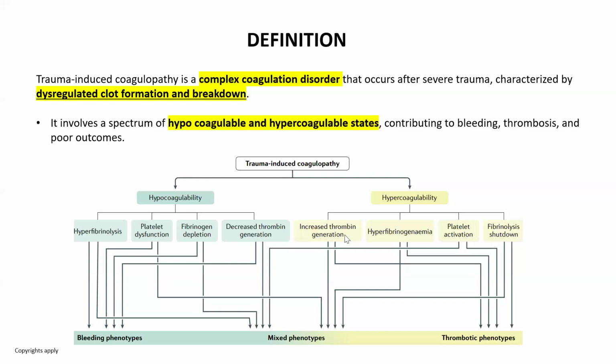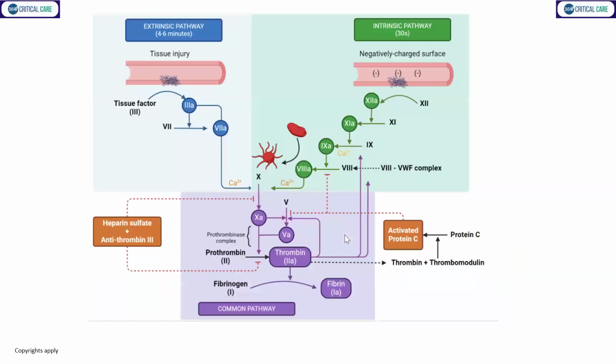It can involve a spectrum of disease owing to coagulopathy, which can be either a bleeding phenotype or a thrombotic phenotype, and sometimes even a mixed phenotype, similar to what we see in a case of disseminated intravascular coagulation. Similar to that, we have another condition called TIC.